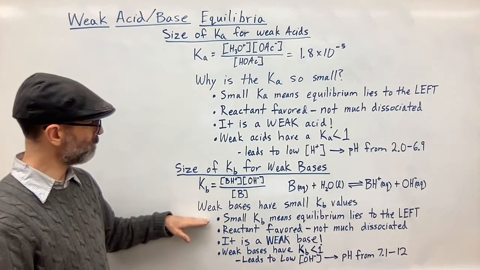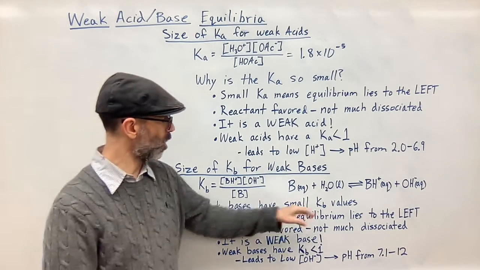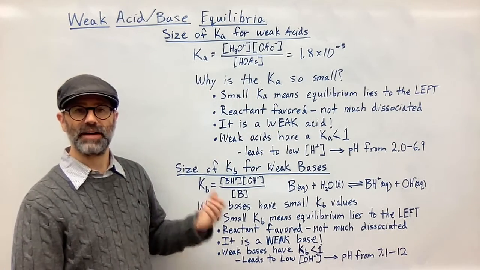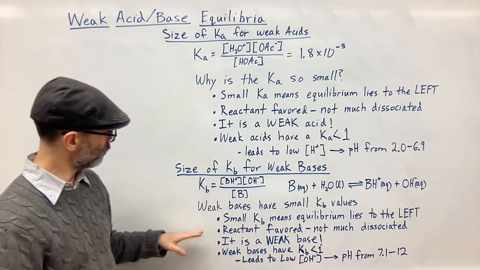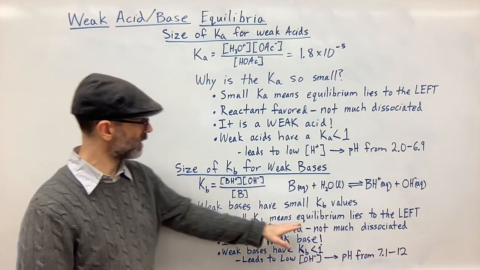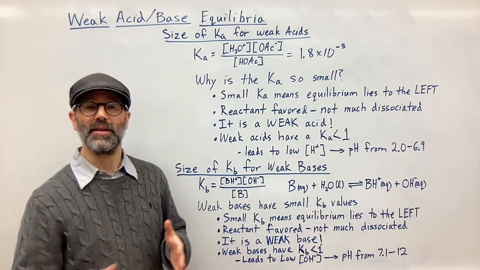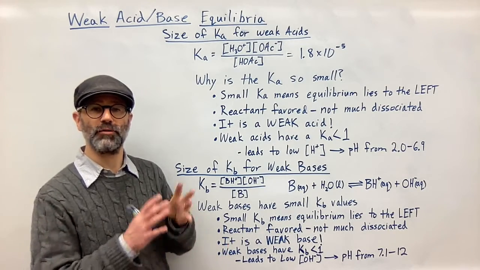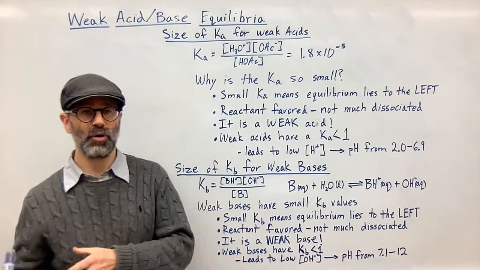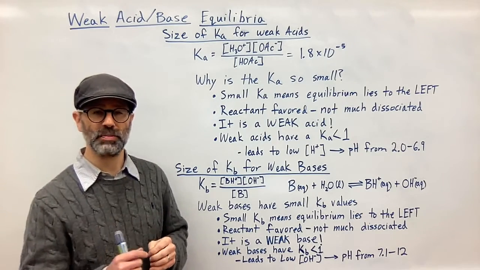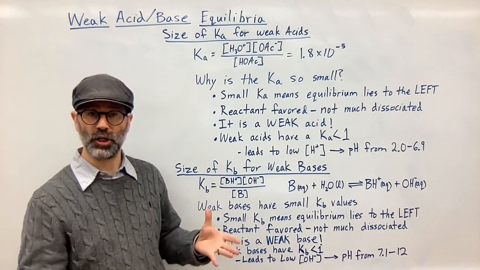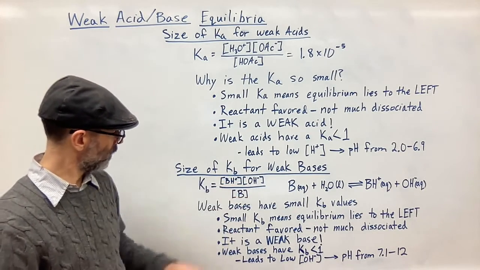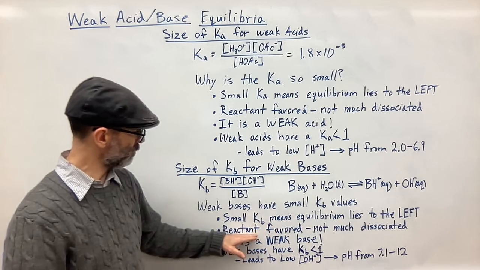So weak bases have small Kb values for the same reasons that weak acids have small Ka values. Small Kb means that the equilibrium lies to the left. They don't dissociate very much, so most of it is going to be in the form of reactant, not product. Your product is going to be very small and your reactant is going to be very large, giving you a small ratio between these two. We call that reactant favored.